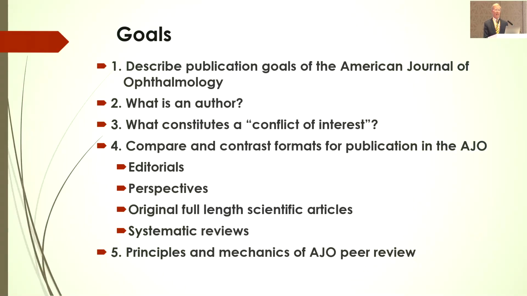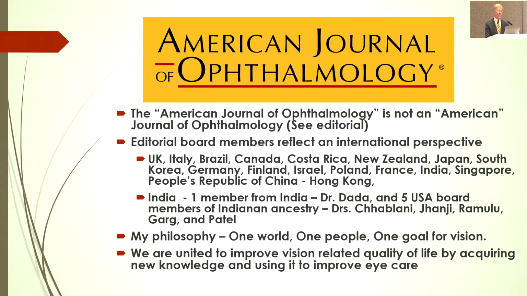I would like to describe an issue that is important in all peer-reviewed publications, and that is defining what a conflict of interest is. I will then compare and contrast the various formats for publication in the AJO. They include editorials, perspectives, original full-length scientific articles, and systematic reviews, and discuss very briefly the principles and mechanics of the AJO review process.